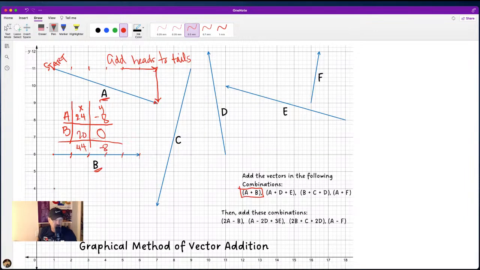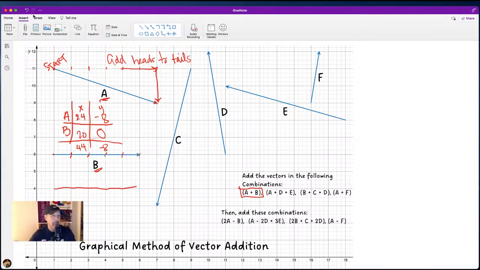So imagine that each one of these is... I don't know why we can't do that. Let me try that one more time here quick. There we go. Imagine this thing is 44 units long.